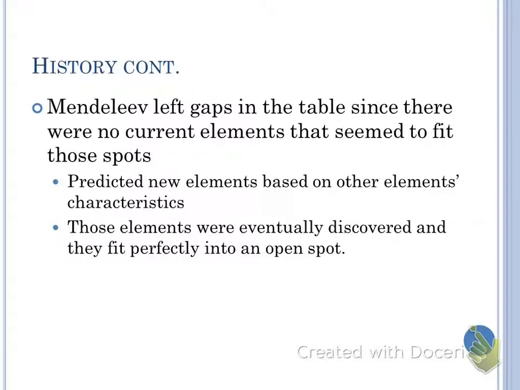He was right. He left these spots in his periodic table for elements to be discovered, and eventually they were. And they fit perfectly into where he had left a spot for them. So this guy knew what he was doing.